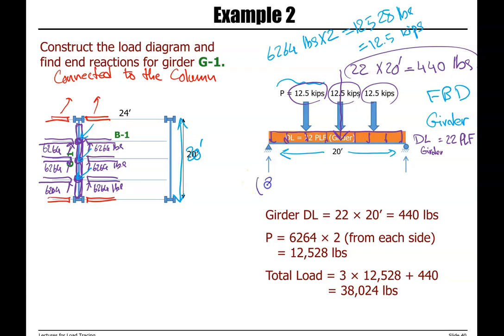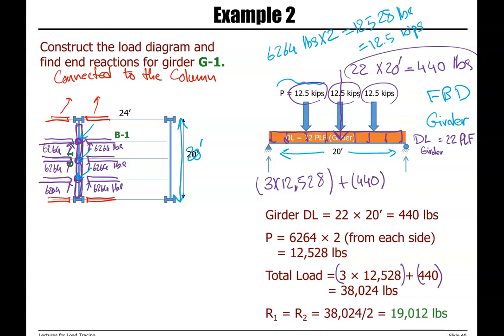So we have 3 times 12.5 kips, or 12,528 pounds each, plus the weight of the girder by itself. Then the two reactions are equal to each other. So you can divide that number and calculate each reaction.